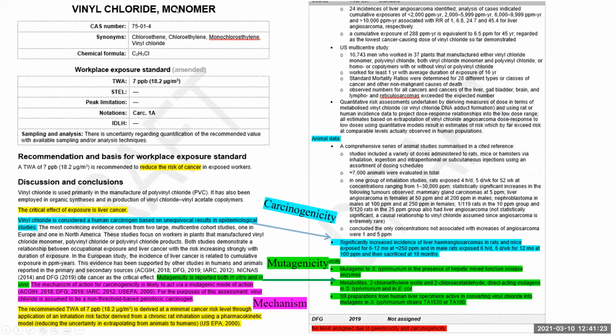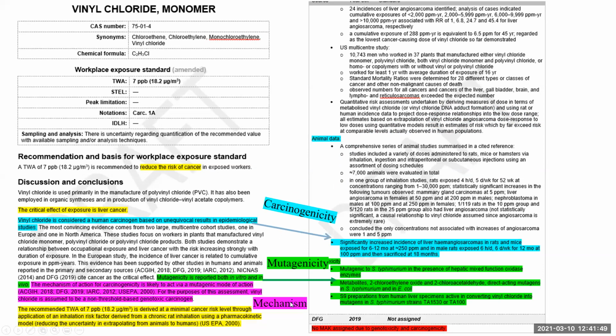This is the same cover page for vinyl chloride. This is the follow-on from the ACGIH appendix. And here's the animal data. There was even evidence within animals to say, yes, it causes liver cancers, sarcomas. Here's the mutagenicity data here, evidence here. I won't go into them too much, but there was evidence that it was a mutagen.